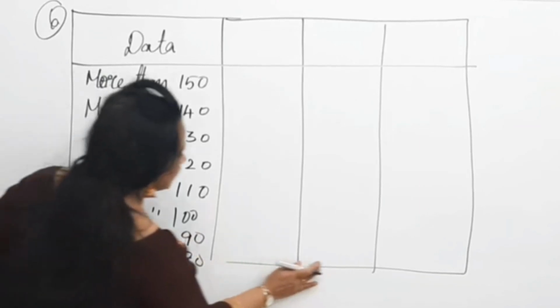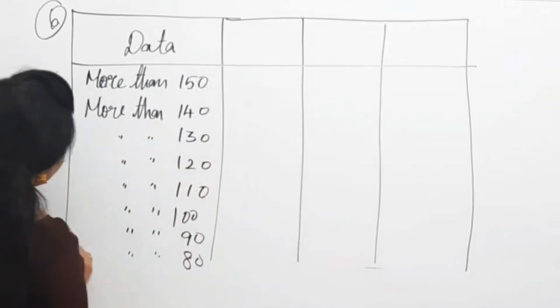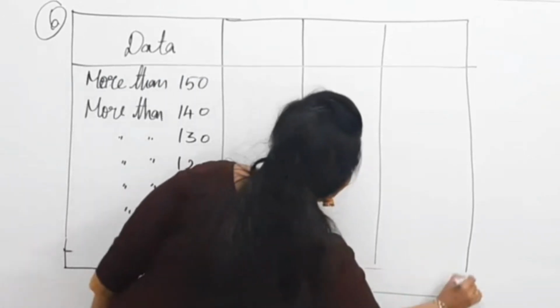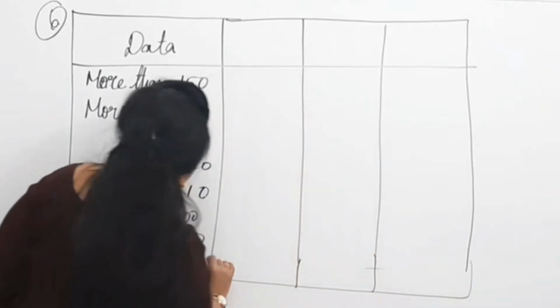So this is my data given in my question. So I have to find the median for this data.